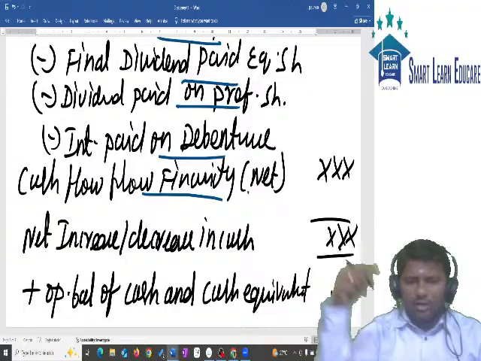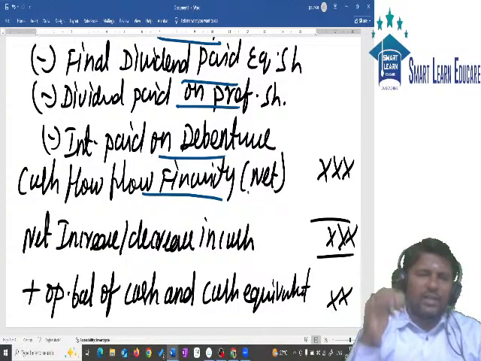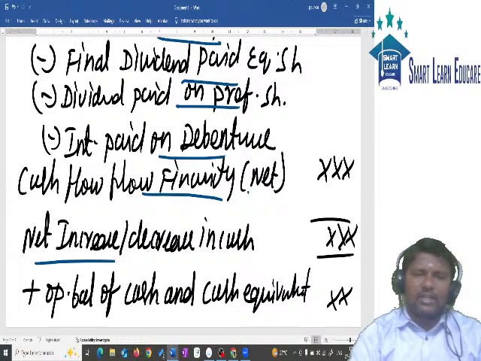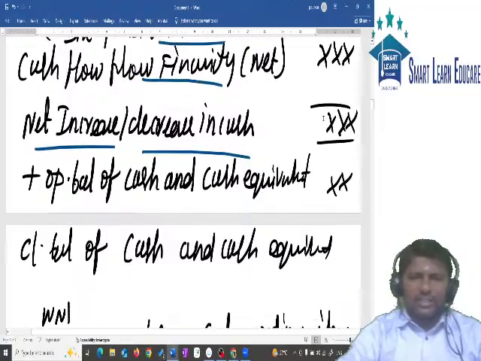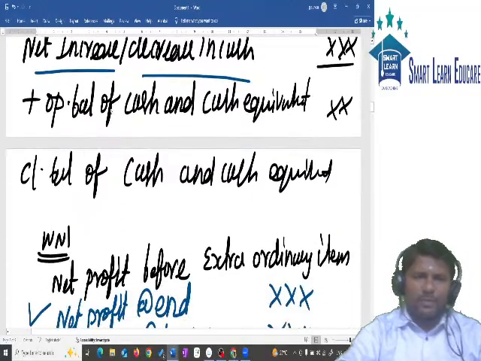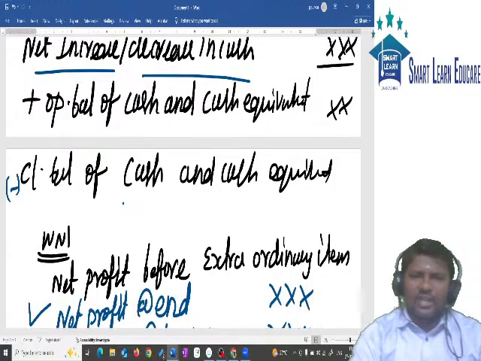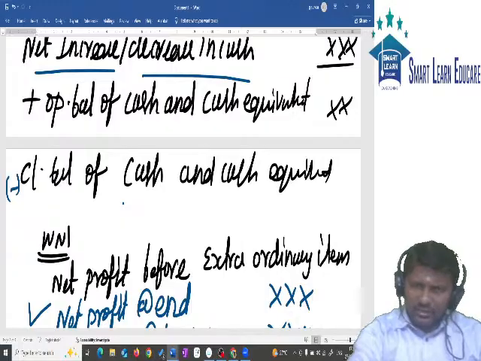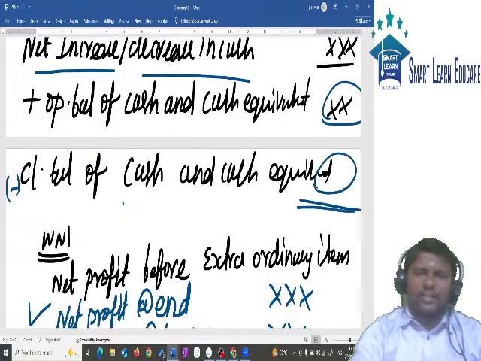When you add all the three things, operating activity, investing activity and financing activity, it will give you net increase or decrease in cash. With this net increase or decrease in cash, add opening balance of cash and cash equivalent, and you will be getting the final answer, closing balance of cash and cash equivalent.